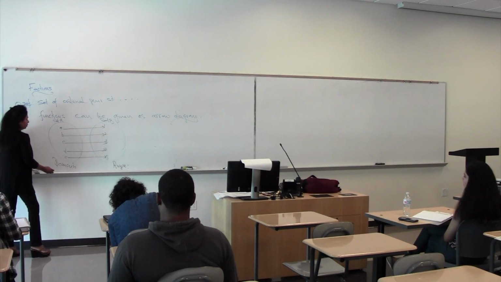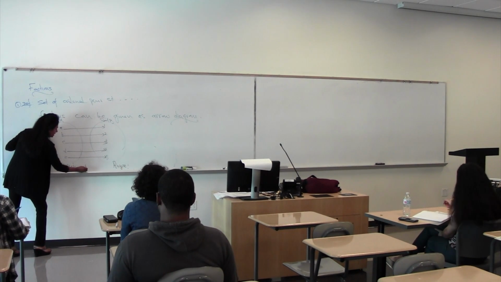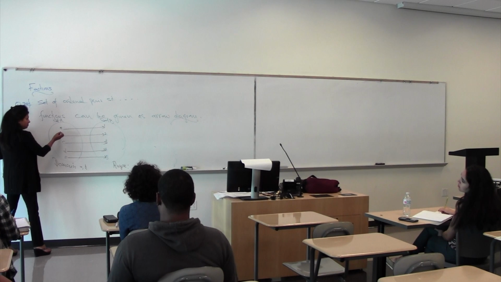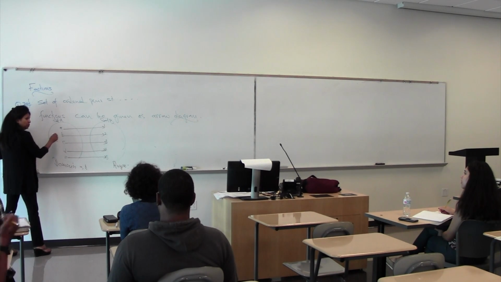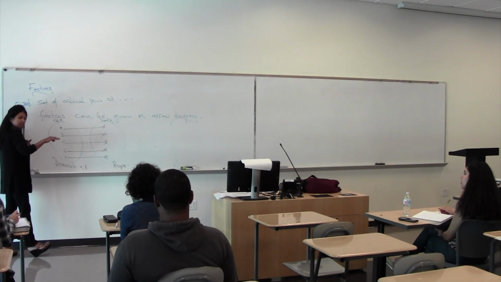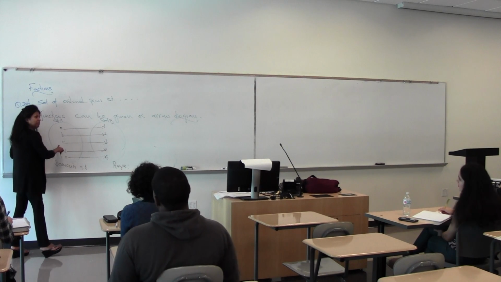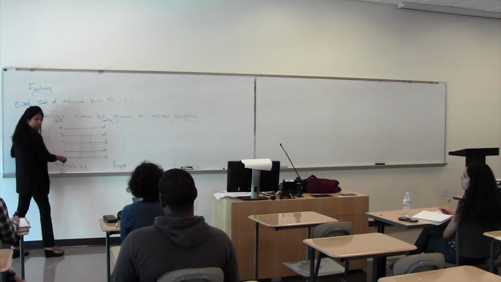So again, what's the domain here? Domain is A, B, and so on. This is not an interval, these are individual items, like $1, $2, $3, right? It's the same thing as the function machine example we did.